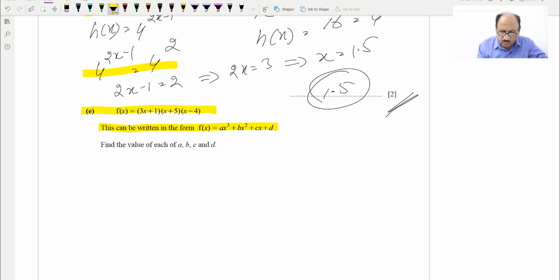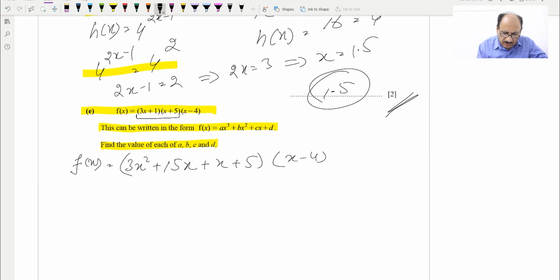This can be written in this format, and basically we need to open the brackets and find the values of a, b, c, d. So first of all we will multiply these first two. So we can write f of x is equal to 3x into x will be 3x square, and 3x into 5 will be plus 15x, and 1 into x will be plus x, and 1 into 5 will be plus 5, and put in brackets, and the last x minus 4 as it is.